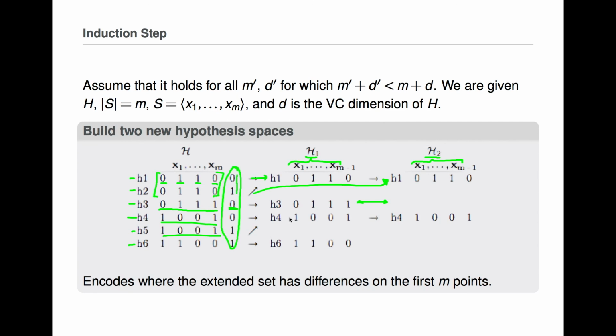Here we need to create a new hypothesis to live in H1 and a new hypothesis to live in H2. And so now we have the same representational power as our original hypothesis space, because we now have two separate spaces that basically encode the difference between the first endpoints.